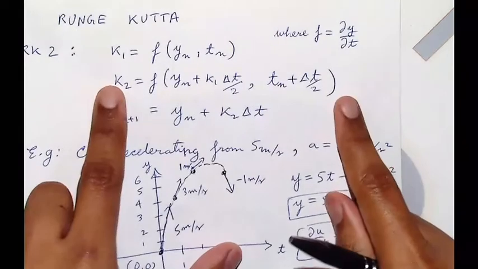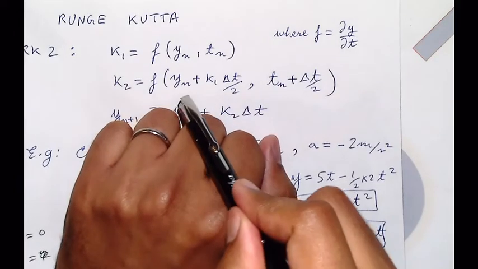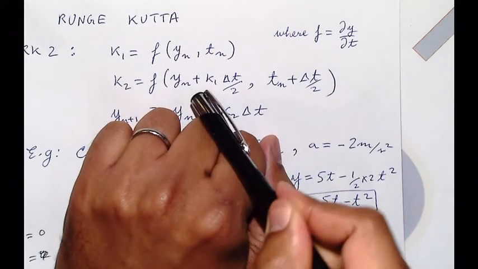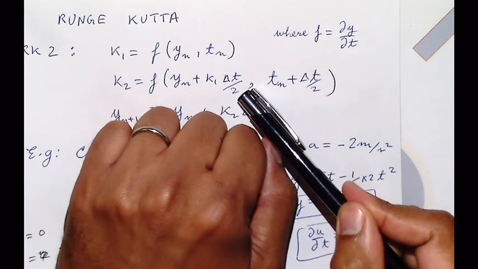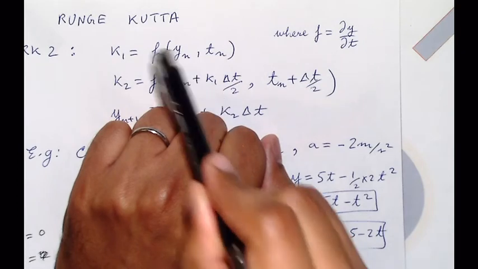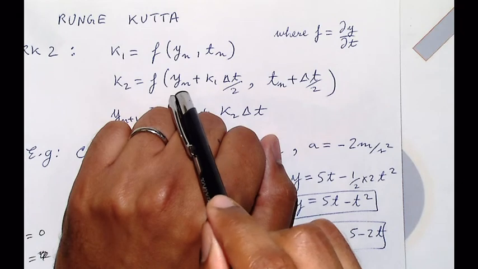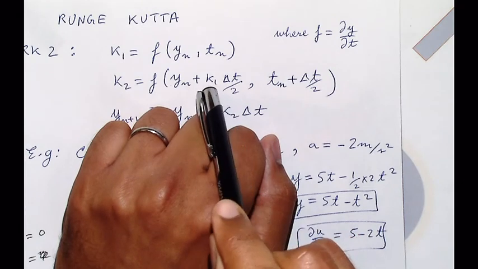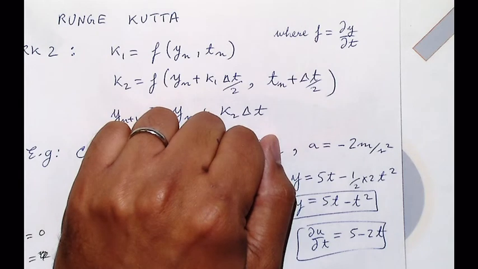The second line says, okay, fine. From your starting point, y n, take a half step, delta t over 2, and use the velocity that you computed previously. So starting at y n, take my original derivative value and multiply by delta t over 2.